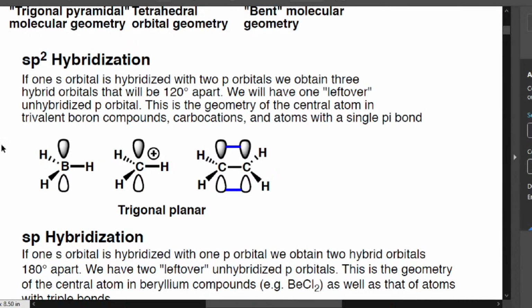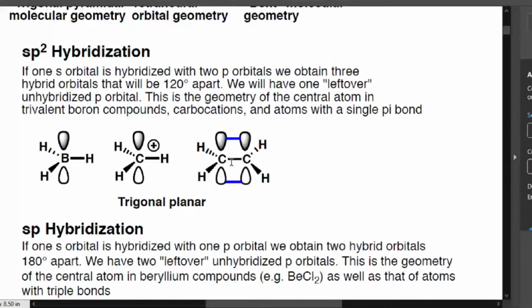So for example, in BH3, the hybridization is sp2 and this pz orbital is perpendicular to the plane containing the bonds. Even in this, the bonds are in a plane, and their shape is trigonal planar, and the unhybridized pz orbital will be perpendicular. What is this molecule?